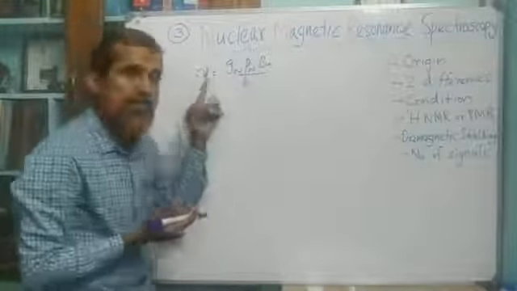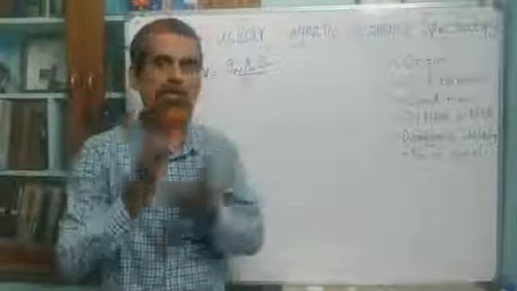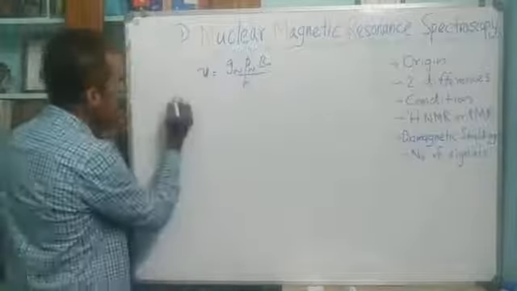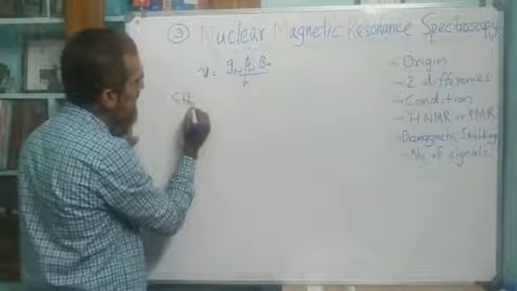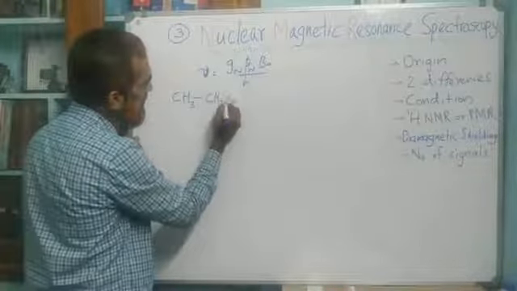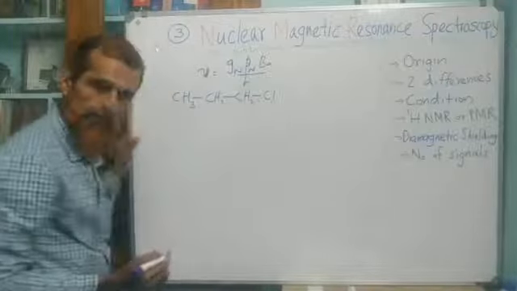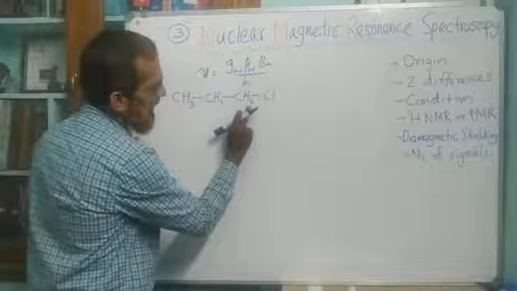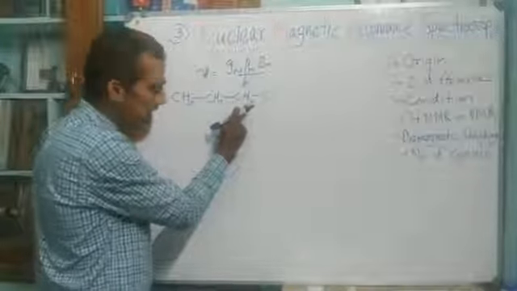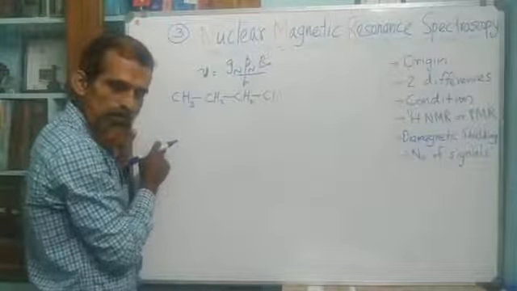Now this equation is applicable for an isolated nucleus, but if you take a molecule, for example an organic molecule, CH3, CH2, CH2Cl, suppose one chloropropane. You can see there are two protons here, and three here, correct?